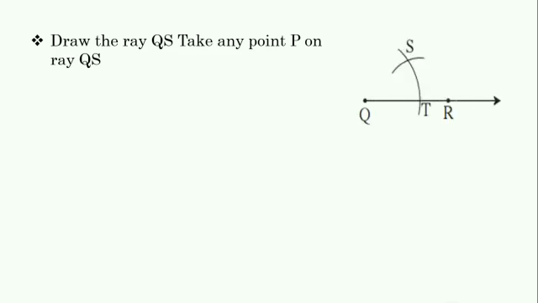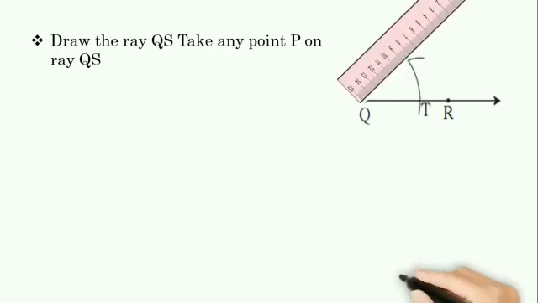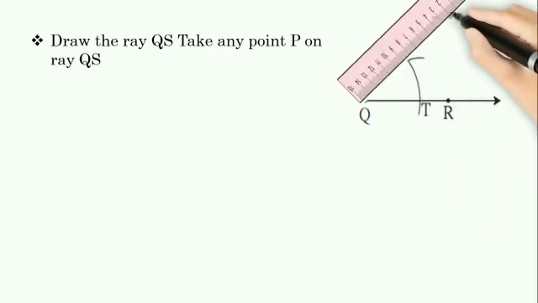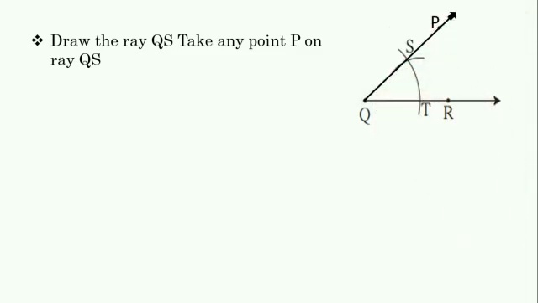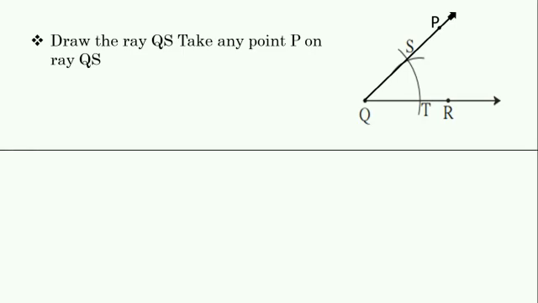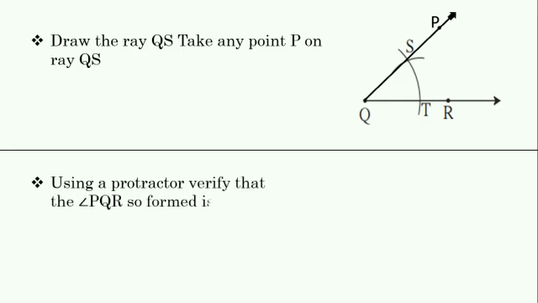Take any point P on ray QS. Using a protractor, verify that the angle PQR so formed is of the same measure as angle ABC.